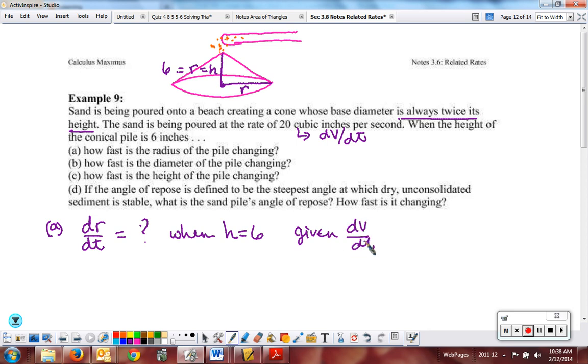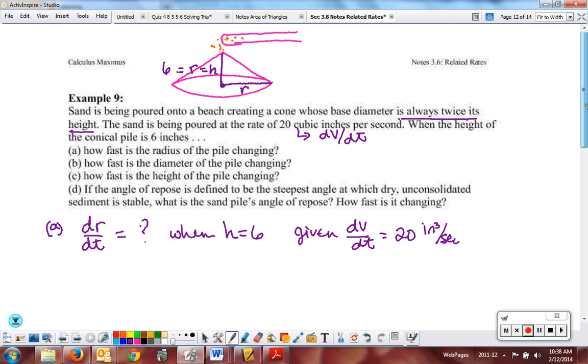dV/dt and volume. What's happening to my volume as I pour sand? Increasing, so my rate is positive, inches cubed per second. Do I know a formula between, what are the variables there? Volume, radius, and height.